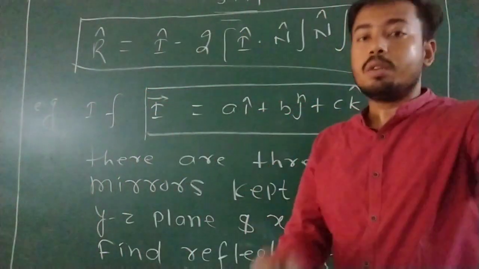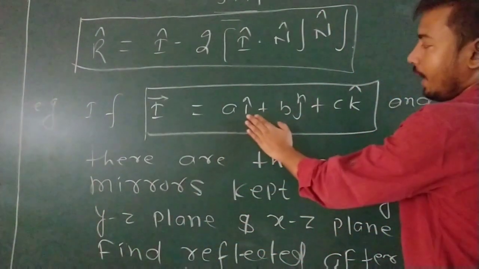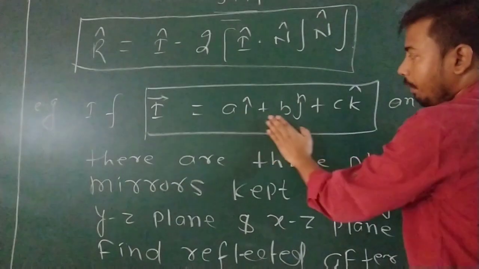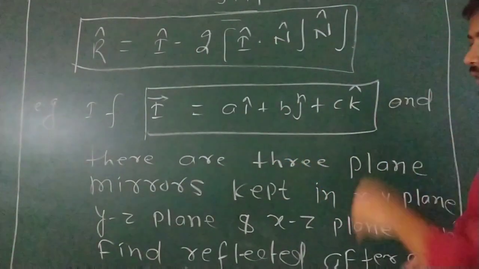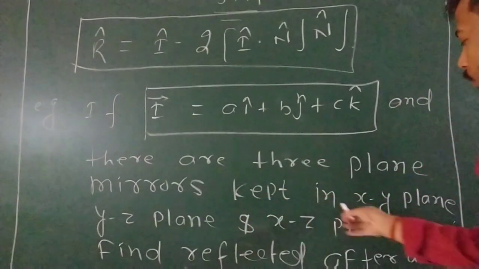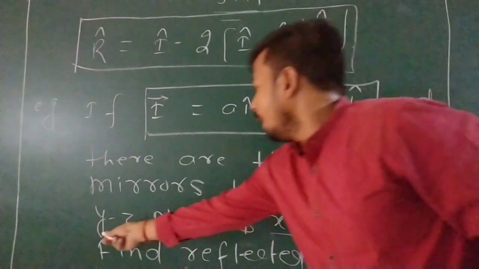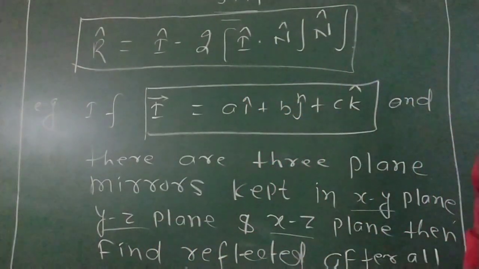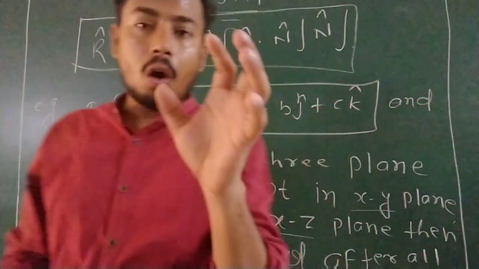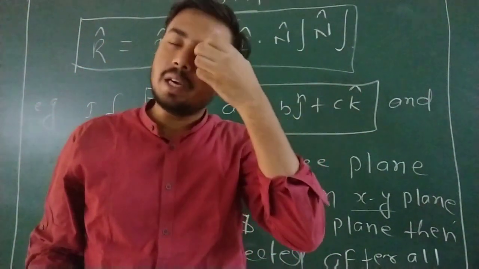So again I'm telling you what the question is. Here the incident ray is given as a i cap, b j cap, c k cap, and there are 3 plane mirrors kept in the xy plane, yz plane and xz plane. So after all 3 successive reflections, you will get the final reflected ray.